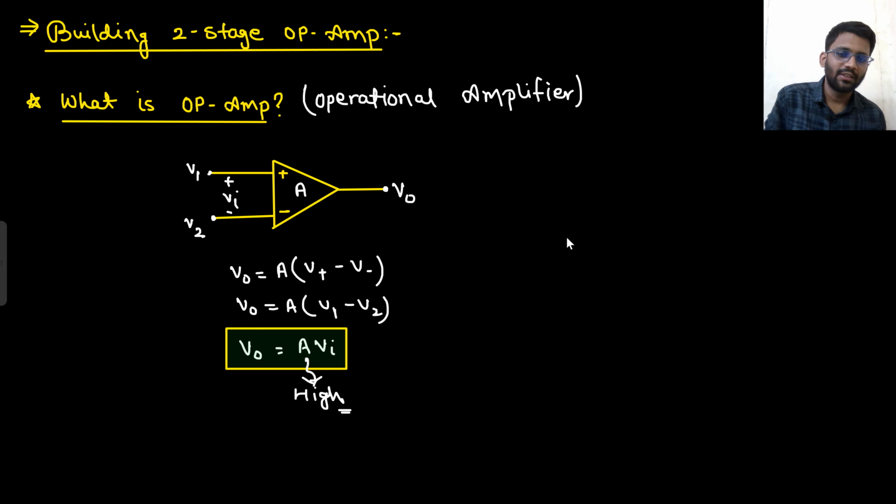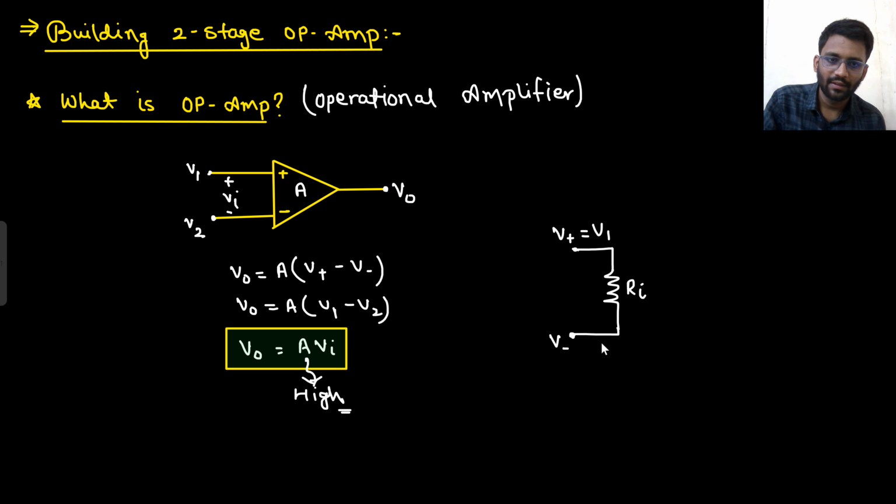Now, internally, how does it look in a circuit? On a crude level, we can show it something like this. It has some input resistance Rin. It will have two voltages, V positive and V negative. V positive we have shown in the diagram by V1, and V negative by V2. And V1 minus V2 we are calling V in.